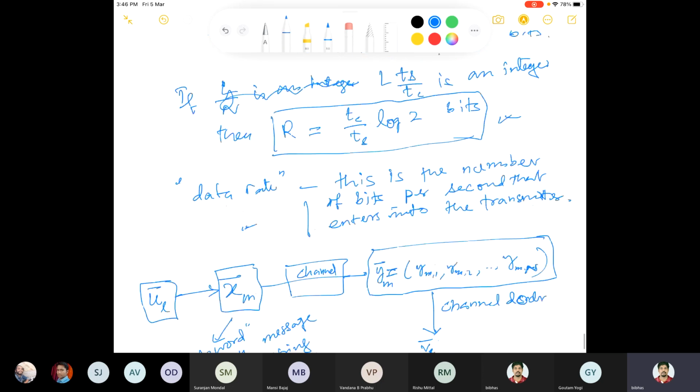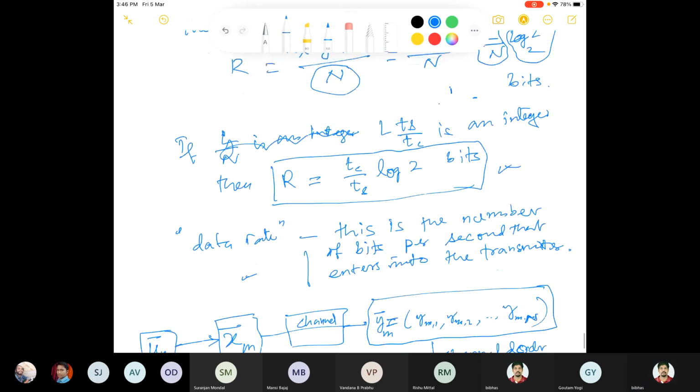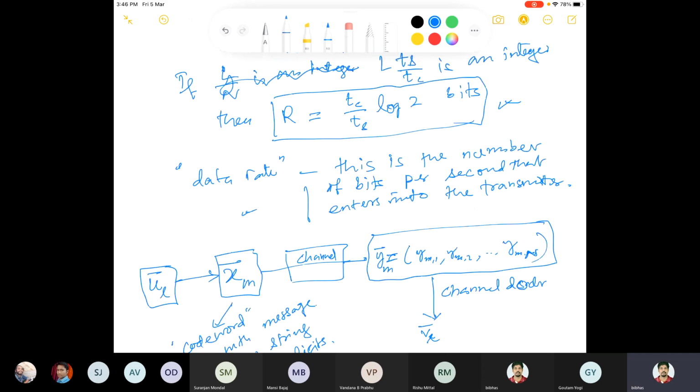Like here, now if you just see here, let's say x equals x m1, x m2, up to x mn.